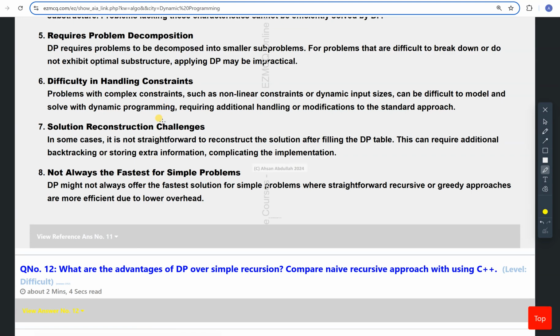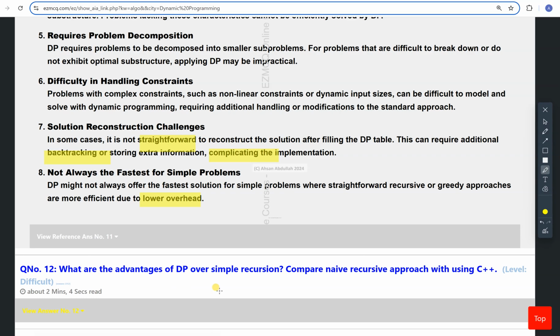Solution reconstruction challenges. It may not be straightforward after filling the dynamic programming table. Why? Because it requires additional backtracking or storing extra information, which complicates the implementation. When things get complicated, they are difficult to code and difficult to maintain. And it is not always the fastest approach. So that becomes an overhead.